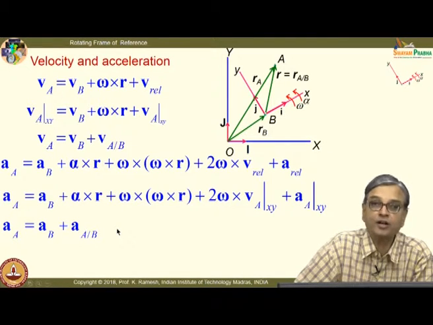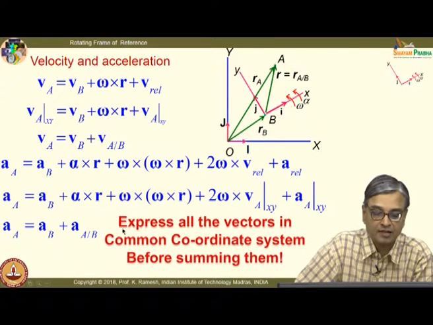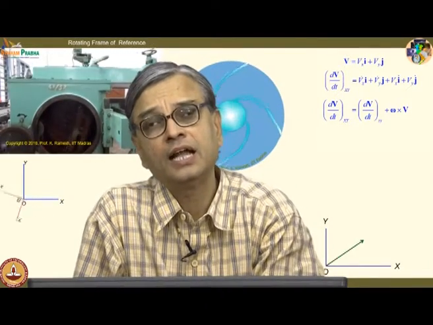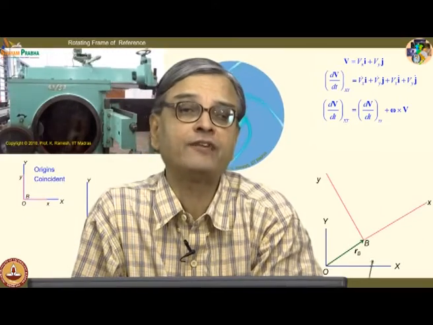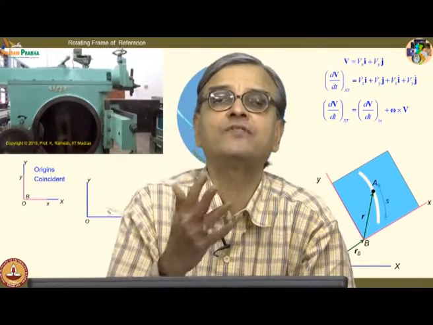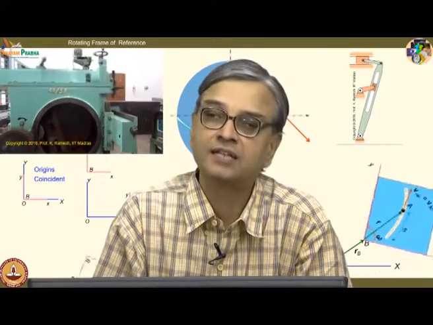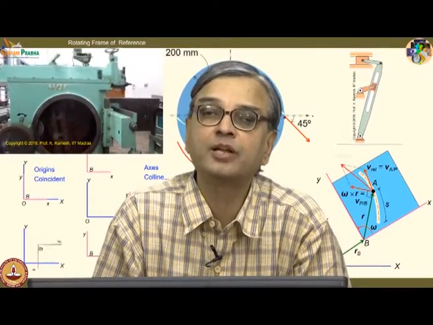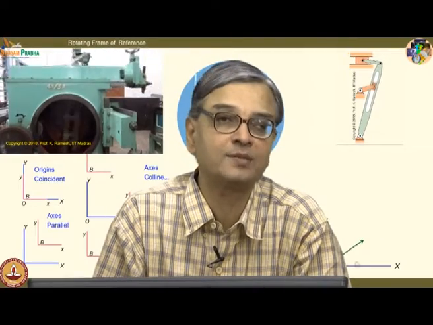The important point to note is: express all the vectors in a common coordinate system before summing them. This is a very important caution. And while doing that, you also try to find out the simplest way to take the vectorial representation. In some instances, it may be simpler to express it in terms of small i and small j.